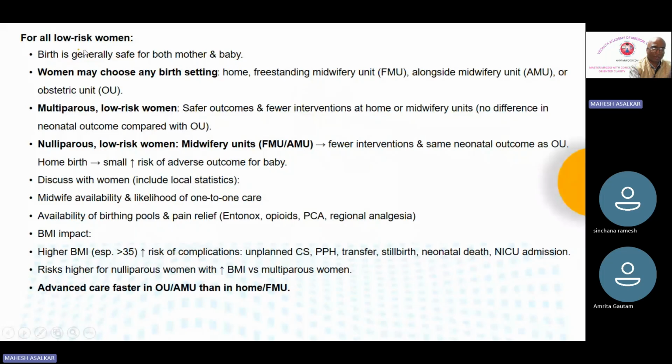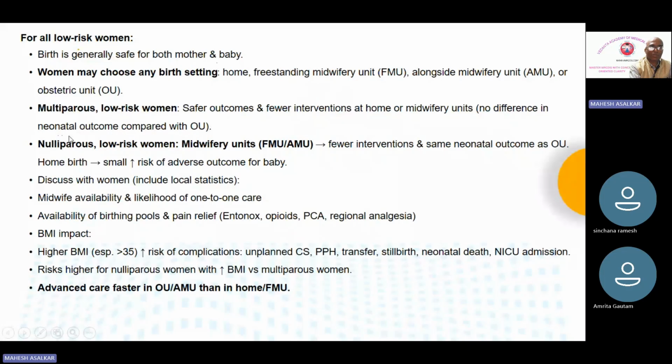But among low risk women, there is further classification for multiparous and nulliparous. For multiparous low risk women, there are safer outcomes and fewer interventions at home and in midwifery units, with no difference in the neonatal outcome compared to obstetric units. So for multiparous low risk women, the midwifery unit or home setting gives the same outcome as the obstetric unit.